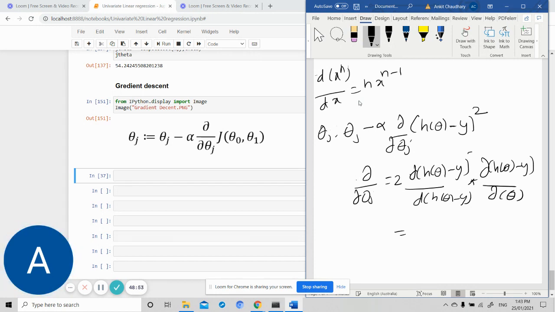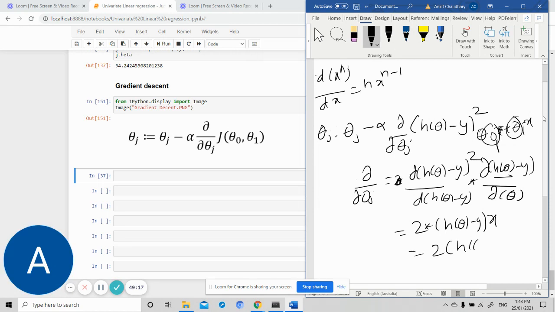If we calculate the value of h of theta, with theta naught and theta 1, this becomes 0 and this becomes 1, so the thing remaining is x. So it becomes 2 times h of theta minus y times x.